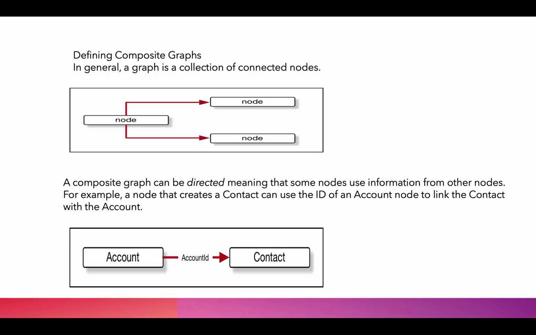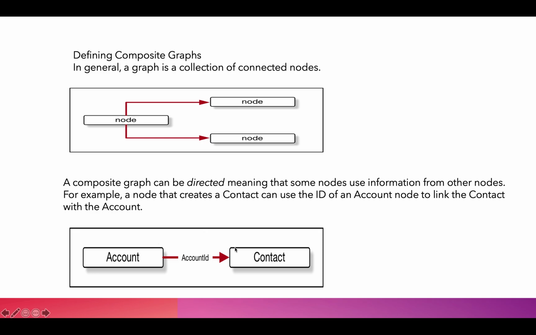Defining the composite graph. In general, a graph is a collection of connected nodes. As we were discussing, an account is being created, so an ID will be generated, and the same ID can be used as the ID of an account node to link the contact with the account. Account and contact are two different objects, but the account ID generated as part of the account sub request can be used to link the contact with the account.